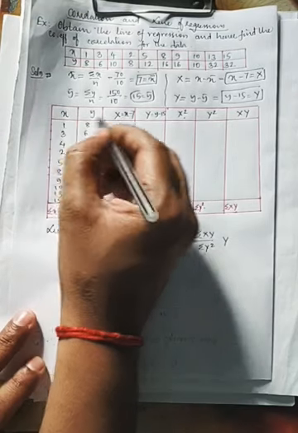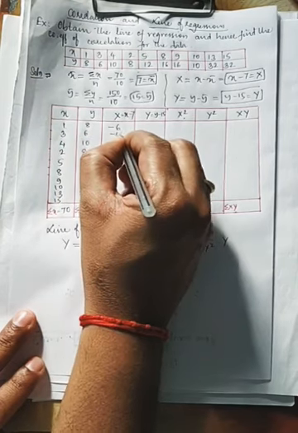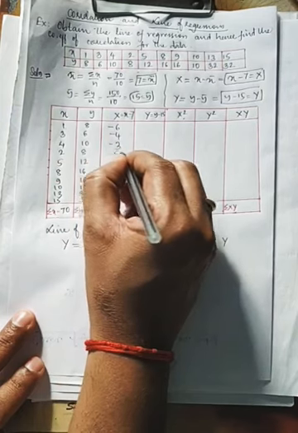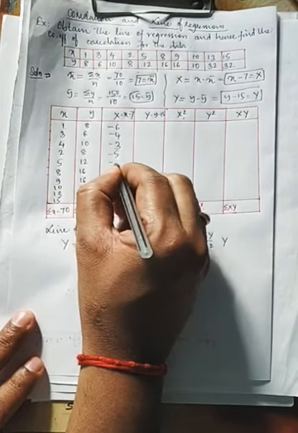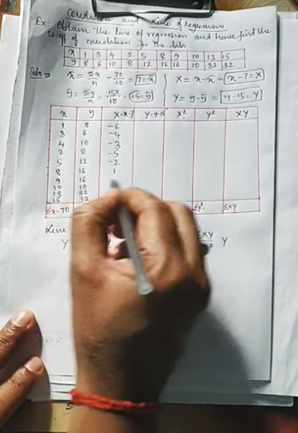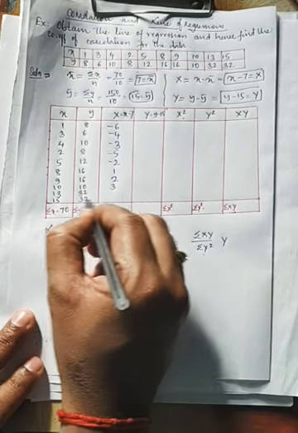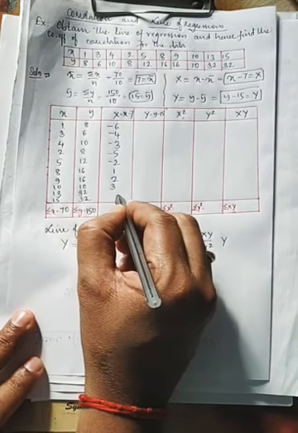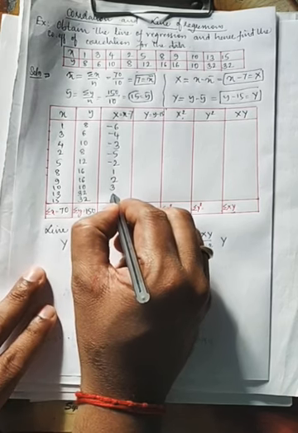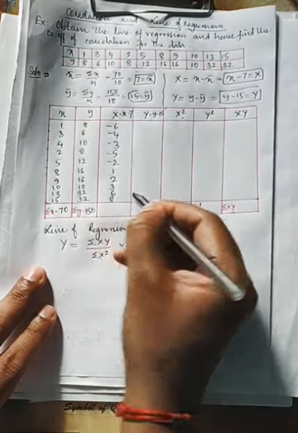So 1 minus 7 is minus 6, 3 minus 7 is minus 4, 4 minus 7 is minus 3, then 2 minus 7 is minus 5, 5 minus 7 is minus 2, 8 minus 7 will be 1, then 9 minus 7 will be 2, 10 minus 7 will be 3, then 13 minus 7 will be 6, then 15 minus 7 will be 8.